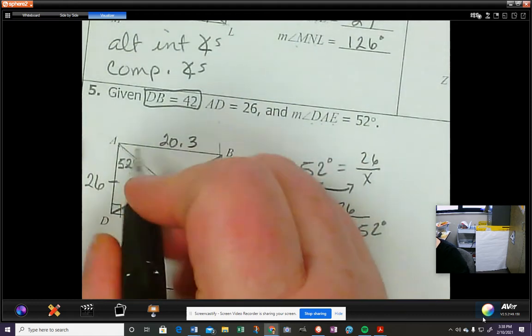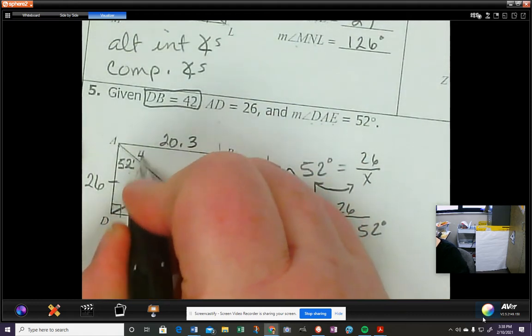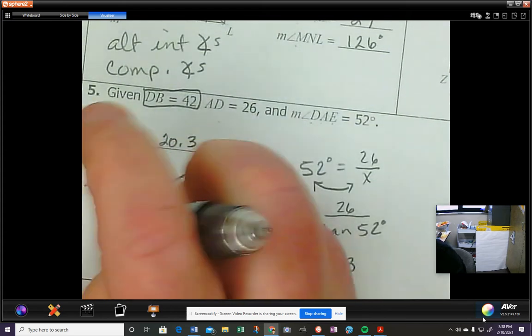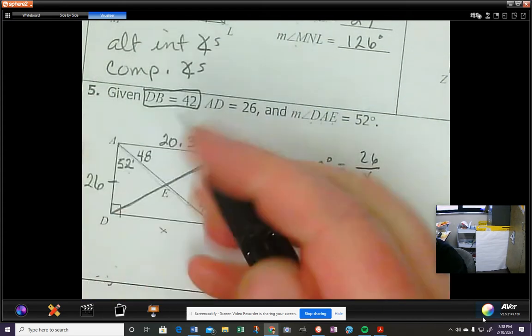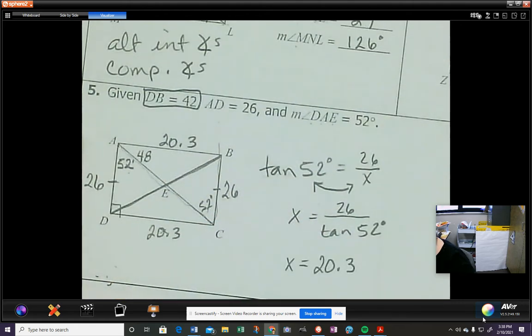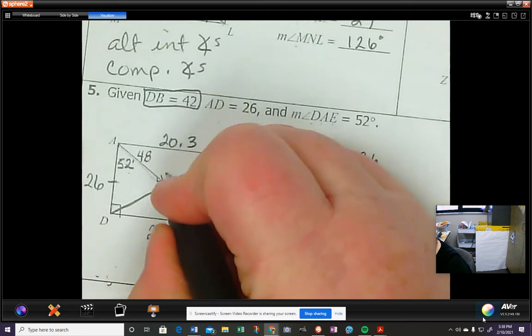See, 52, that would be 48 right here. See, 20.3 right there. This one is 42. I forgot about it.